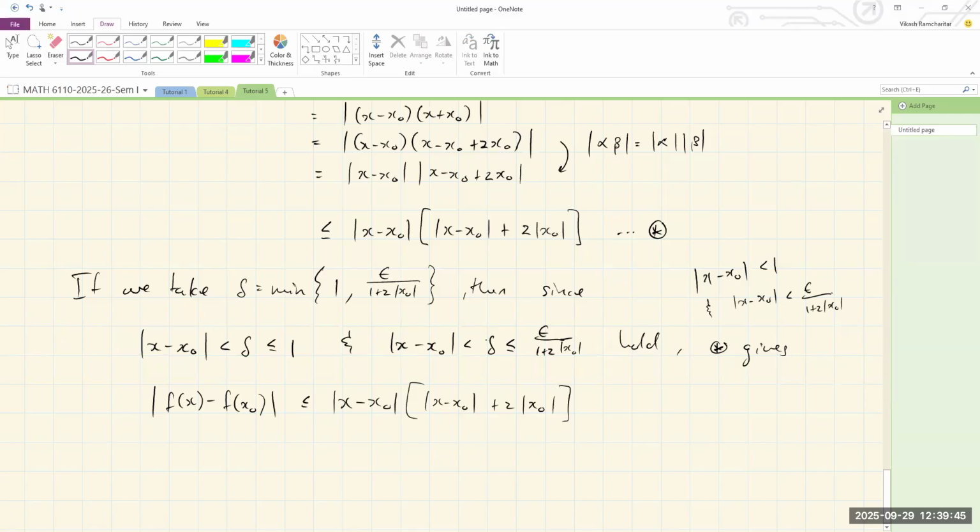Remember the whole thing that you have freedom over is how you choose delta. I'm going to choose delta in a way such that modulus of x minus x0 is less than epsilon over 1 plus 2 modulus of x0, and we've also chosen delta such that modulus of x minus x0 is less than 1. So from that I get this, those two cancel out, and this is equal to epsilon, right?